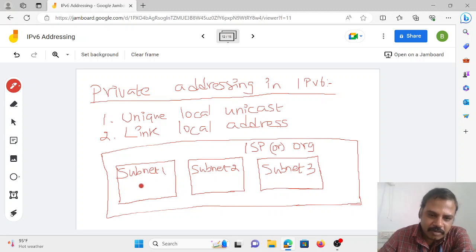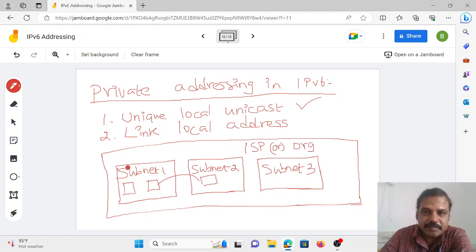If a host from subnetwork 1 transmits data to another subnetwork, but which is coming under the same ISP, we can use unique local unicast. Whereas if the node wants to communicate within the same subnetwork, so this is called a particular segment of network, in this category we have to use link local address.